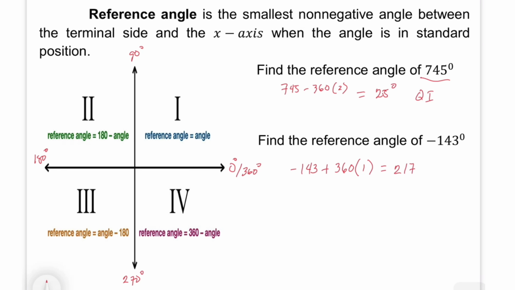So, ang 217 natin ay kabilang kay quadrant 3. Ang sabi sa quadrant 3 is reference angle is equal to angle minus 180 degrees. So, ang panibagong angle natin is 217 minus 180, so this will be equal to 37 degrees. So, therefore, ang reference angle ng negative 143 is 37 degrees.